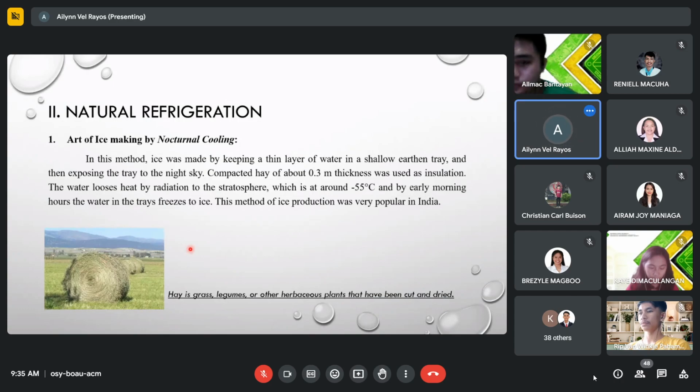And then we also use an earthen tray. So, the concept of radiation is used to create ice through nocturnal cooling. The stratosphere is about negative 55 degrees Celsius, so this is the process of heat transfer. So our water in a shallow earthen tray with proper insulation could be made into ice through this process.